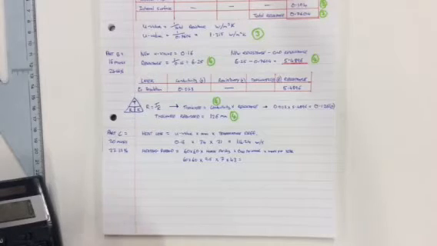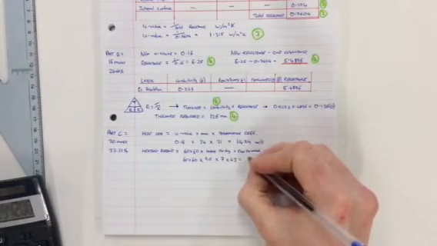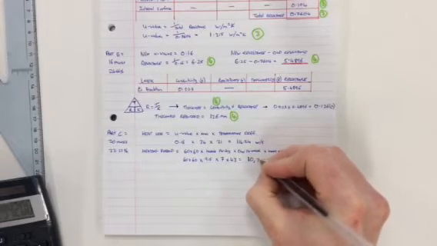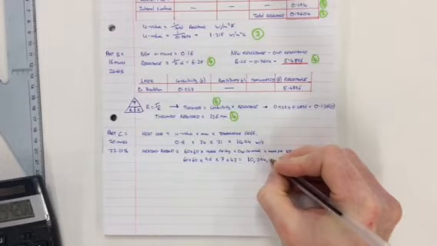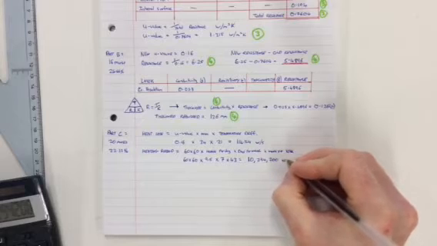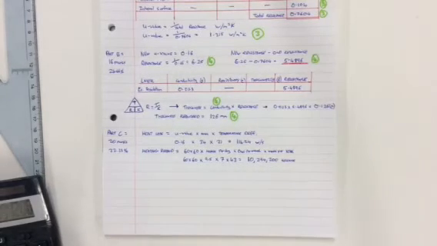I'm just going to go through it again. 60 by 60 by 9.5 by 7 by 43, which gives me 10 million seconds. That's how many seconds the heating is on for.